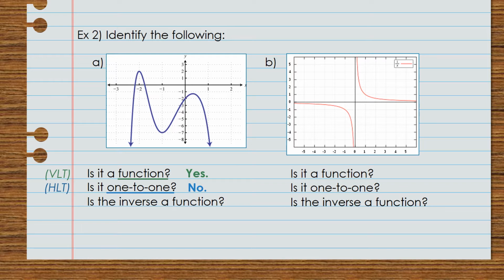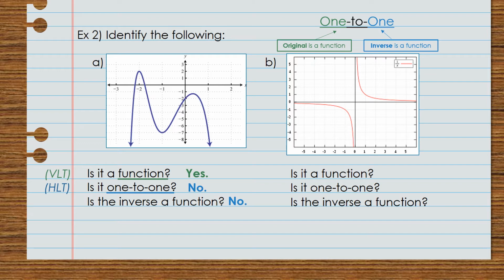Now the last question states, is the inverse a function? Well, remember the phrase one-to-one. One-to-one means the original is a function and its inverse is a function. Was graph A one-to-one? No, which means the inverse is not a function.